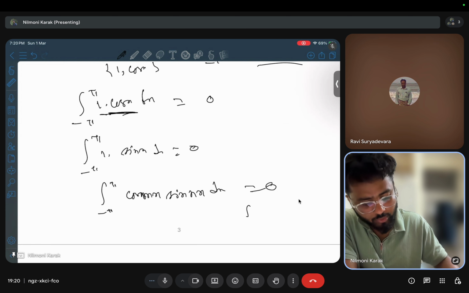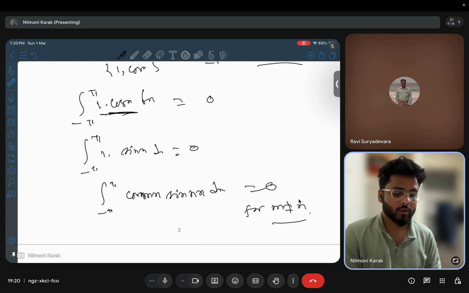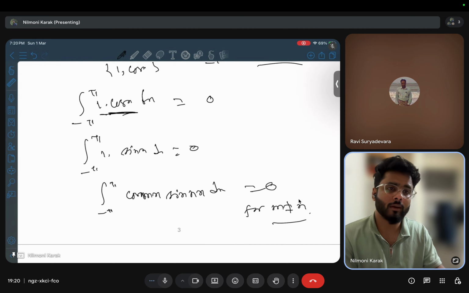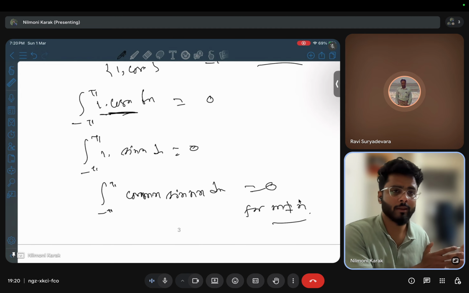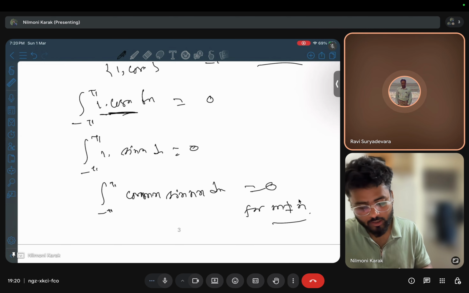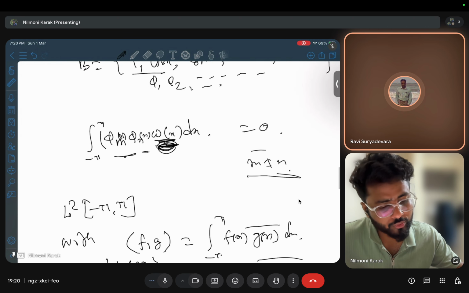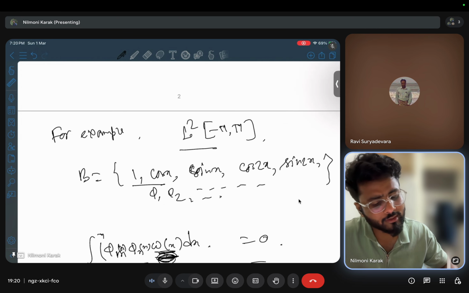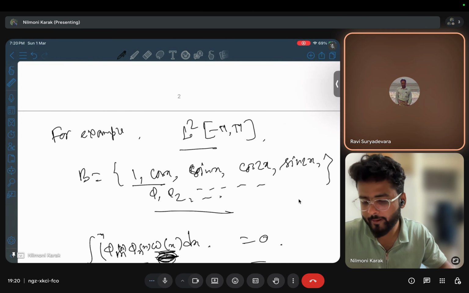This is also 0 for m not equals to n. You can check using the cos a sin b formula, which gives sin a plus b and sin a minus b. So that's how you can check. This forms an orthogonal system.